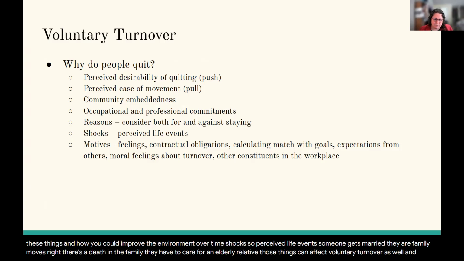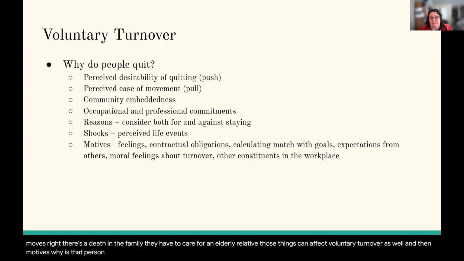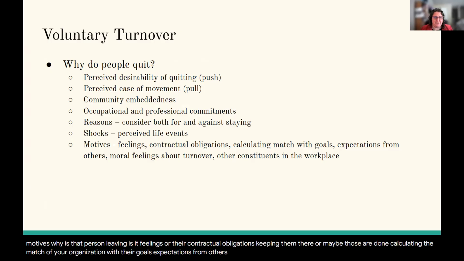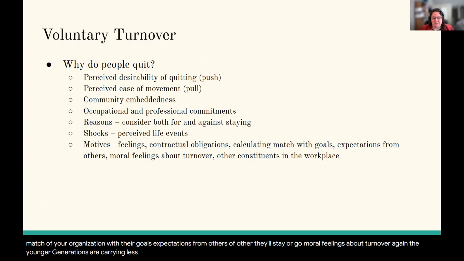And then motives. Why is that person leaving? Is it feelings? Are there contractual obligations keeping them there, or maybe those are done? Calculating the match of your organization with their goals. Expectations from others of whether they'll stay or go. Moral feelings about turnover. Again, the younger generations are caring less about that.